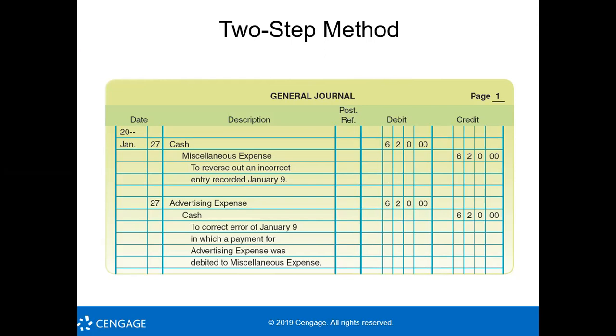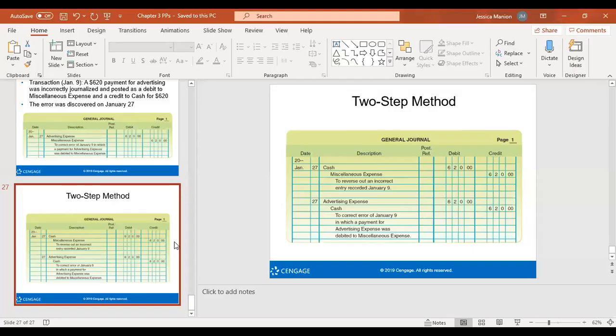And so then we were kind of back to even. And then the second entry was the correct entry. It made more sense to me. And I also liked that it showed that we corrected it and did the correct entry, all in one report together. So anyway, all right, that is the end of chapter 3.